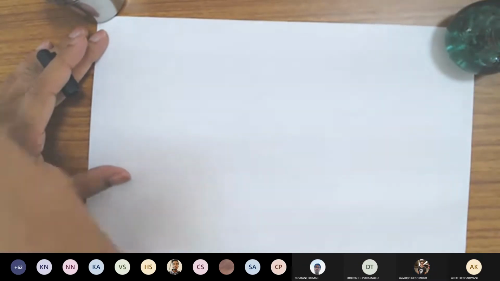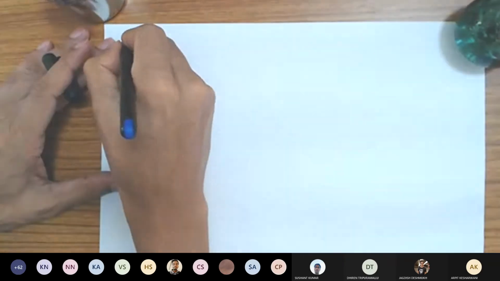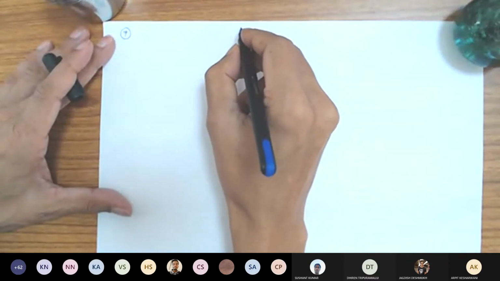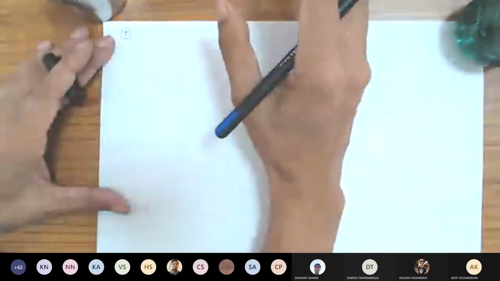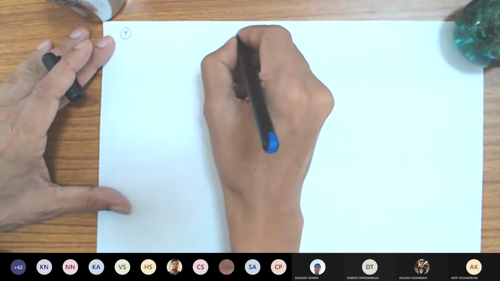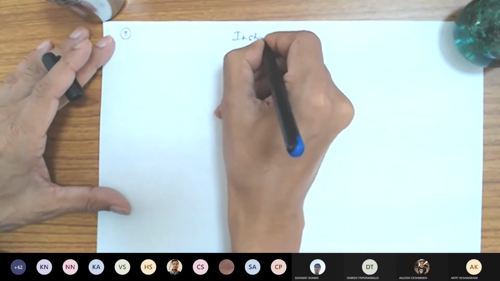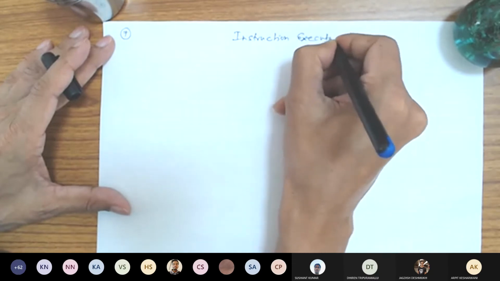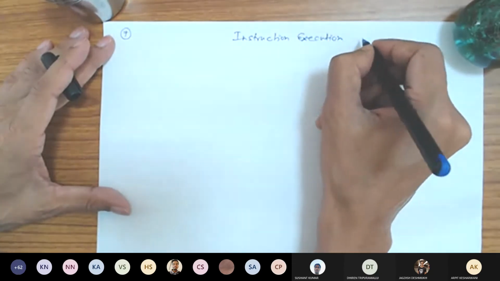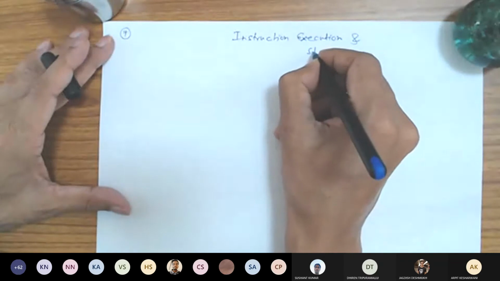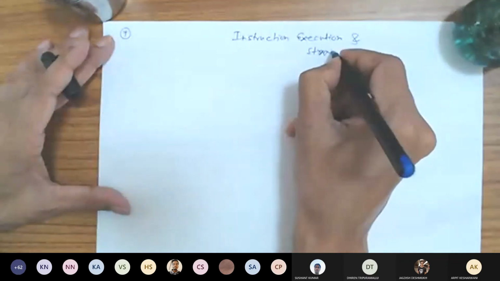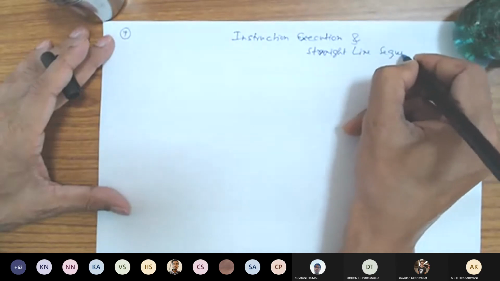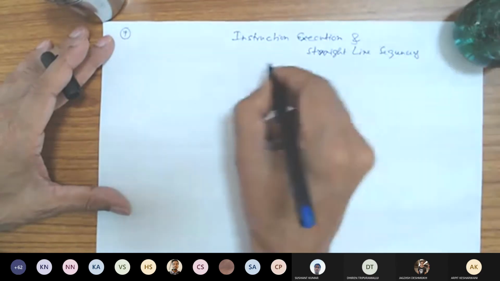Okay, now how can the program be sequenced? We have already looked into how the program is written. If we now move further in this direction, we look at instruction execution and straight-line sequencing. Why am I saying straight-line sequencing?